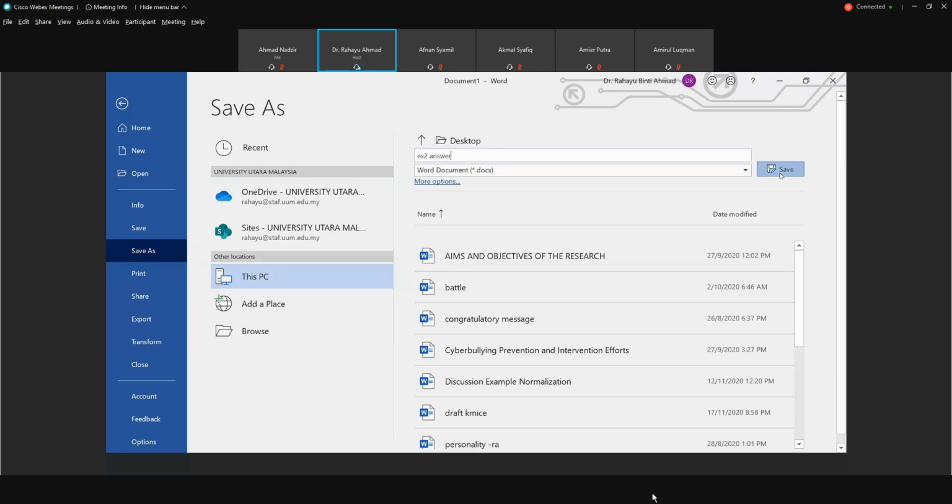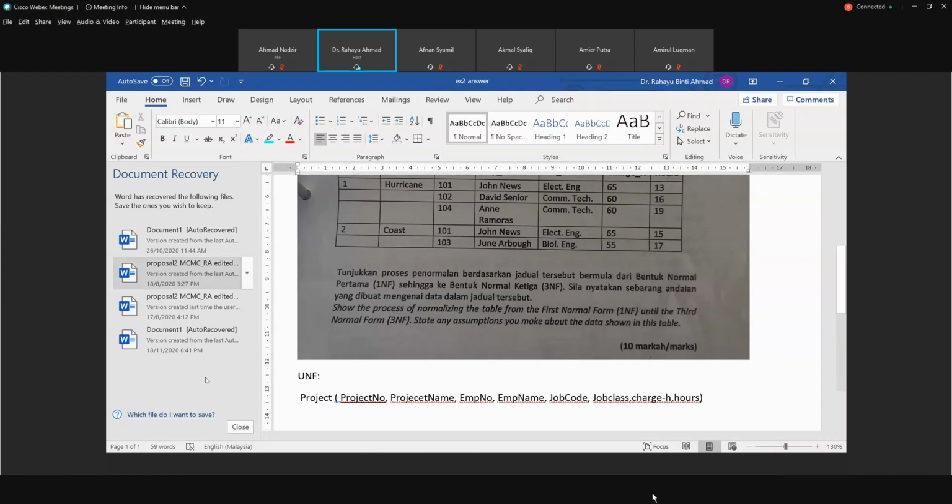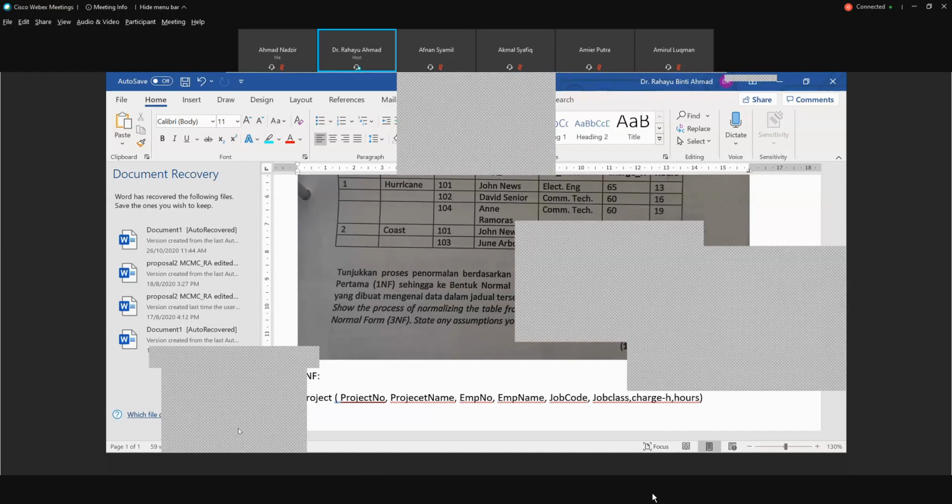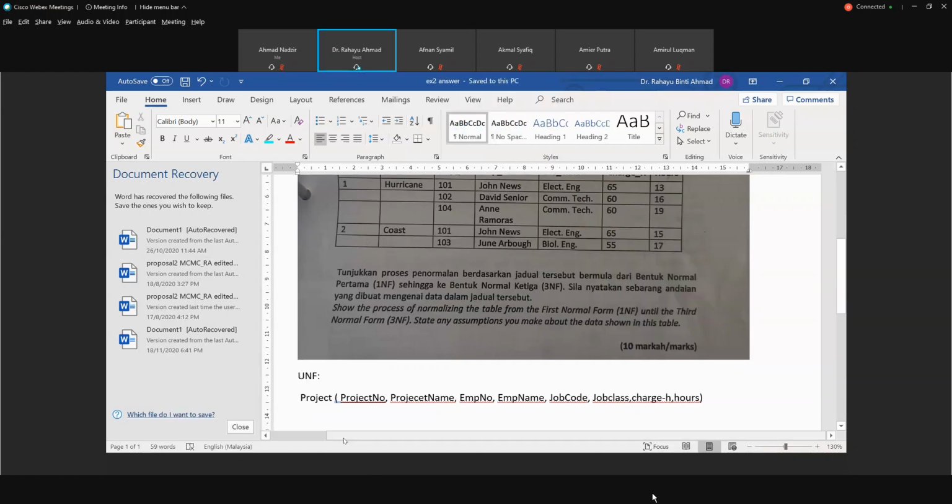Apa ni? Online learning. Okay, so I've shared with you some examples dekat dalam WhatsApp. Some question for revision for your midterm. Of course, that is not covering everything, but it's just to show the kind of question that we usually ask. Okay, sekejap.